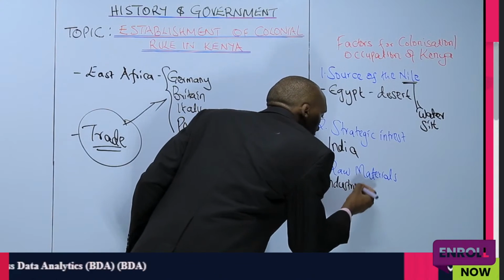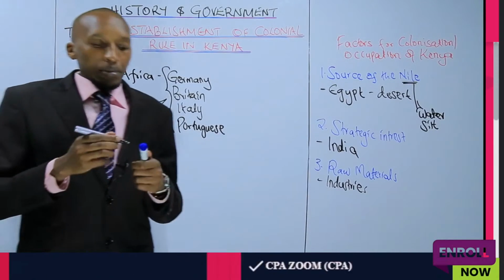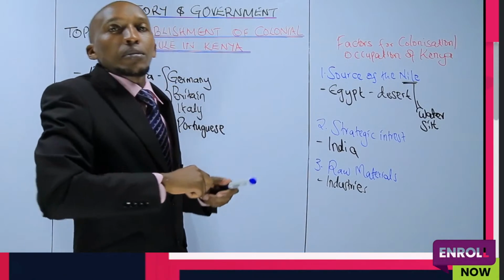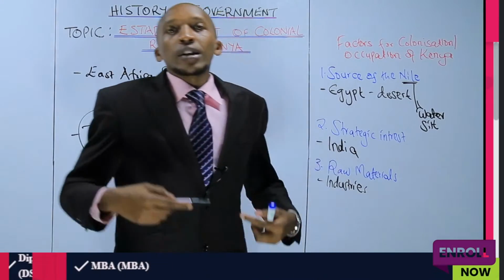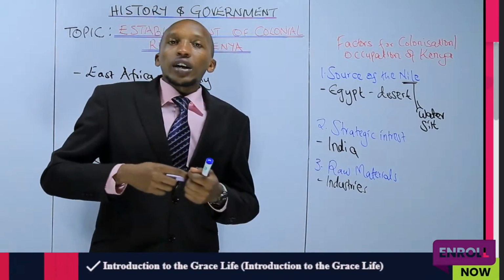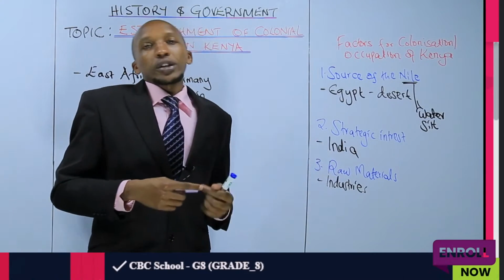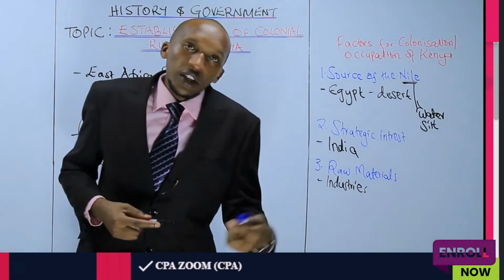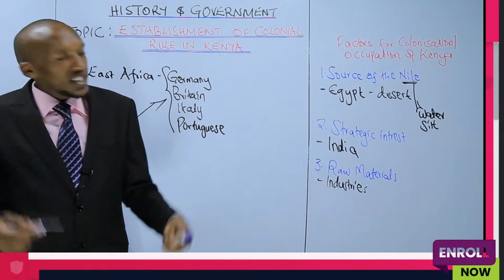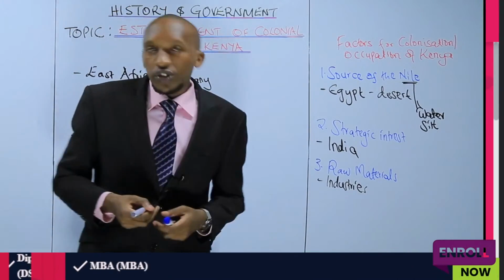There were a lot of industries that had developed in Britain. Britain had become a superior power. Actually, it was the first country to industrialize. Remember in your topic in development of industry, Britain was the first to industrialize. So it had a lot of industries that required a lot of raw materials.